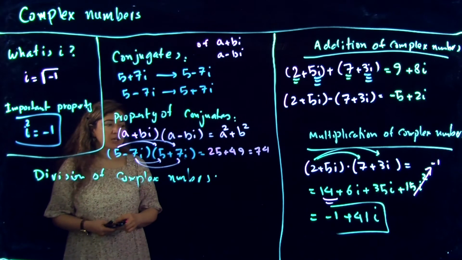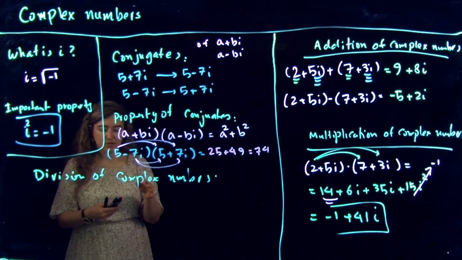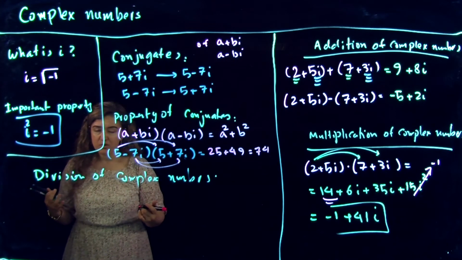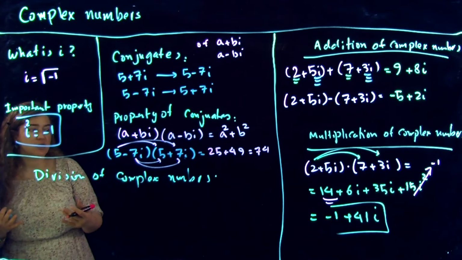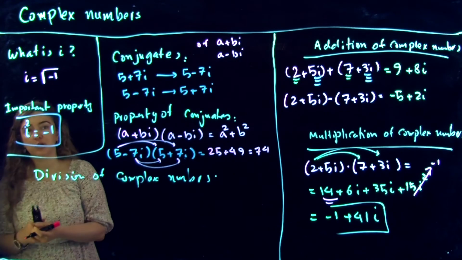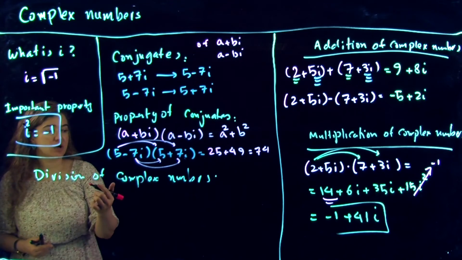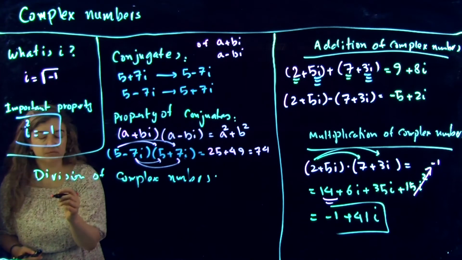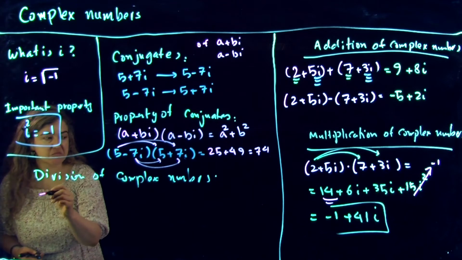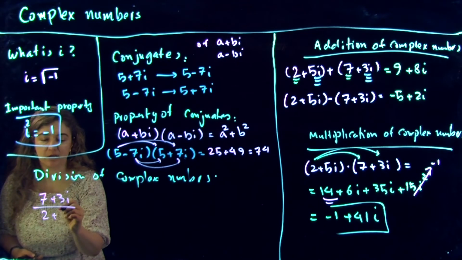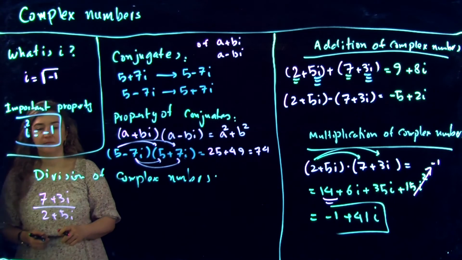Now, division of complex numbers. How do we do division of complex numbers? First of all, when you're looking at the division of complex numbers, I'm going to show it as a fraction. Let's say we're trying to divide 7 plus 3i by 2 plus 5i.